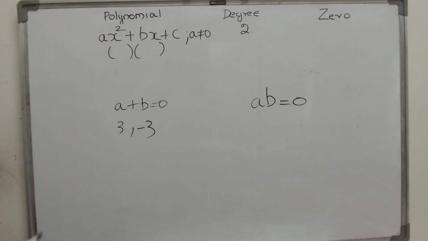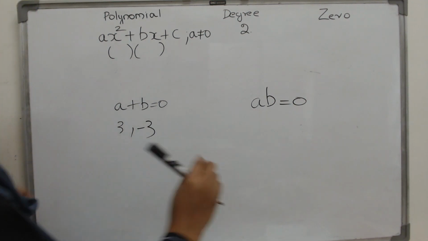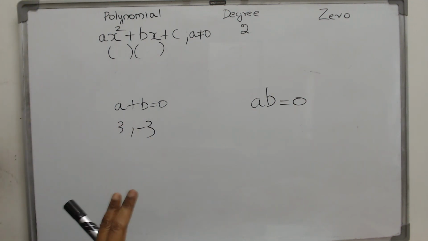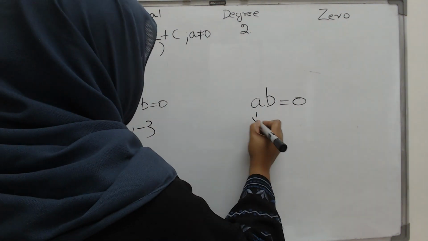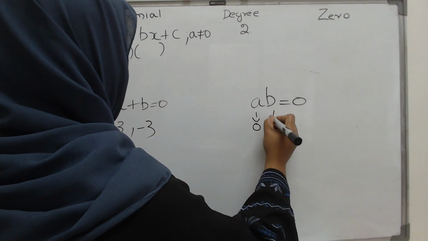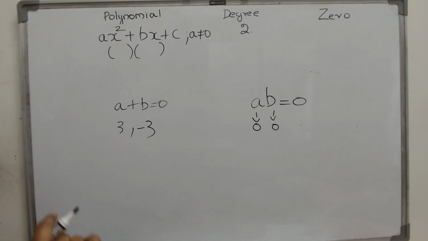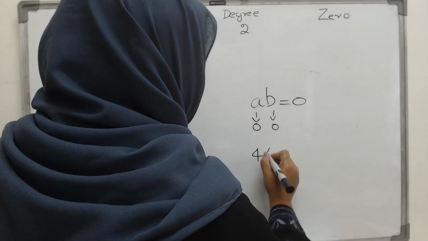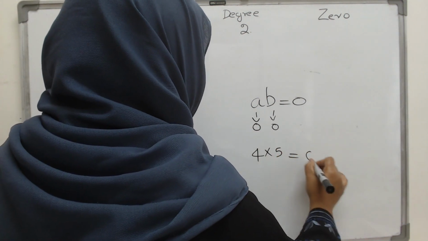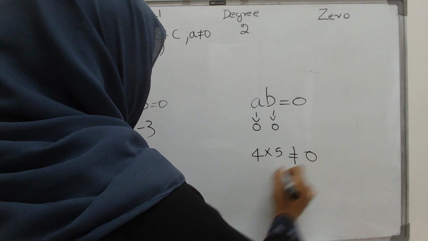But then come to the multiplication, only two cases you have to consider. Either your A will be 0 or your B will be 0. Only two possibilities. Why is that? Because you cannot multiply two non-zero numbers and get 0. This is impossible.